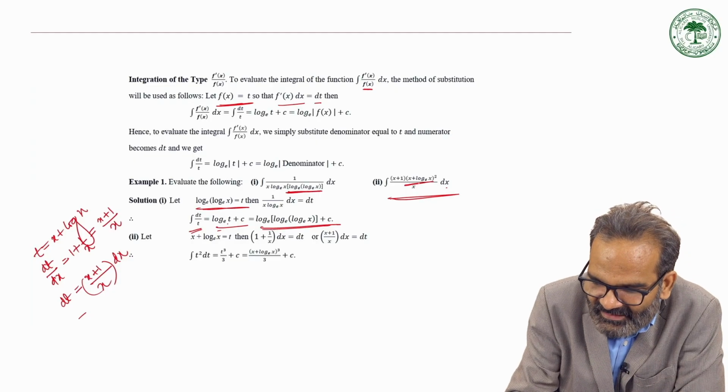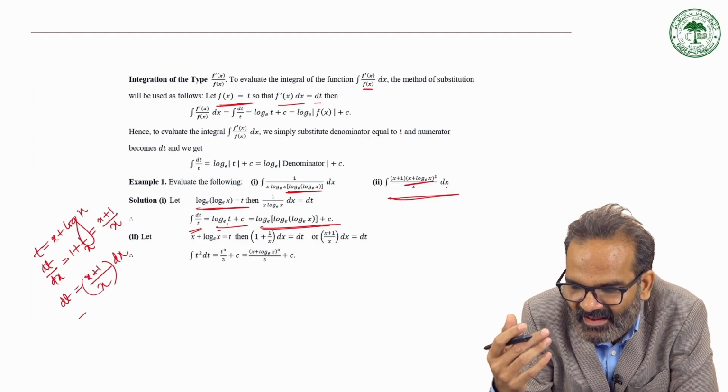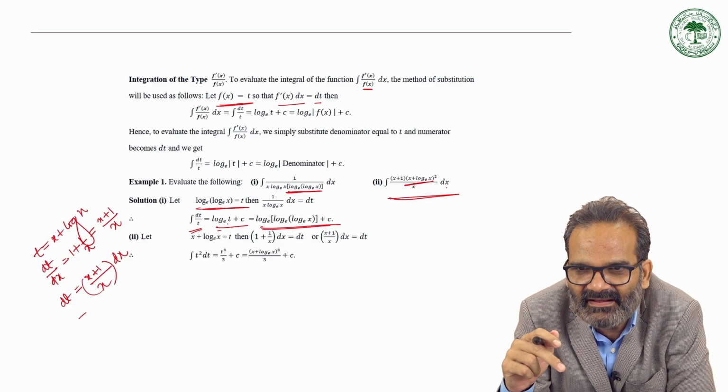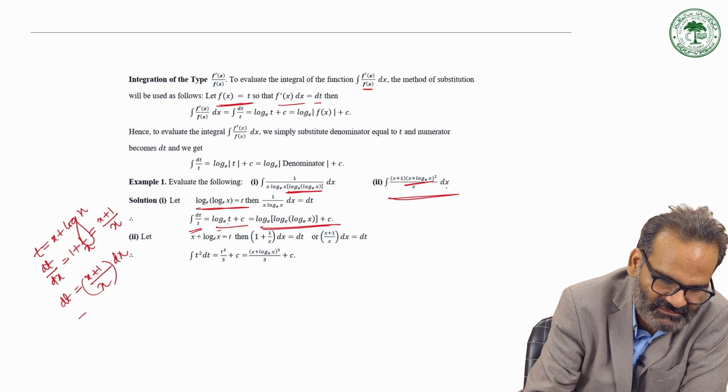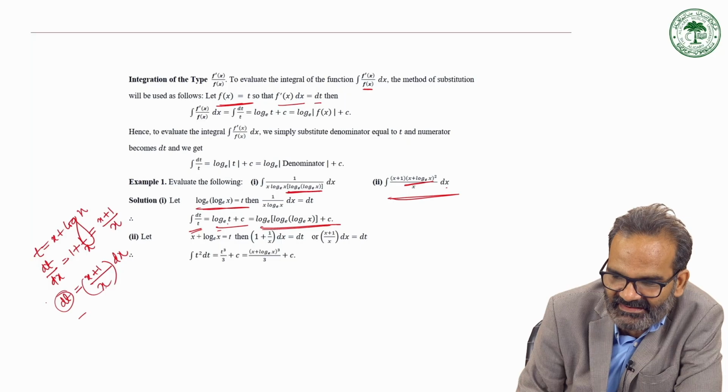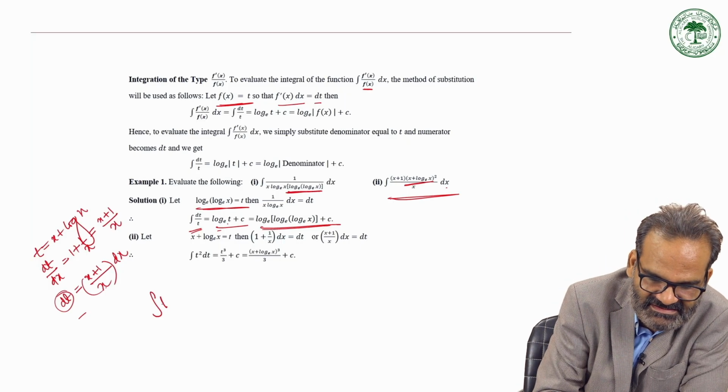So we have taken x plus log x as t, and it becomes t square. What is left? x plus 1 dx divided by x, and its value is simply dt. So what we get here is t square, and the left portion is dt.